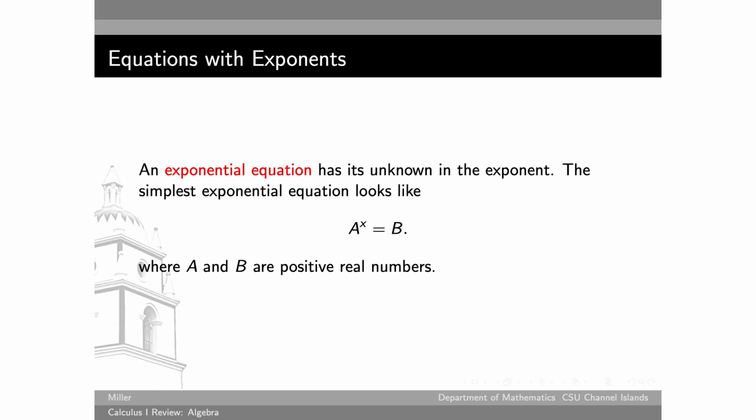Some examples. An exponential equation has its unknown in the exponent. The simplest exponential equation looks like a to the x equals b, where a and b are positive real numbers.